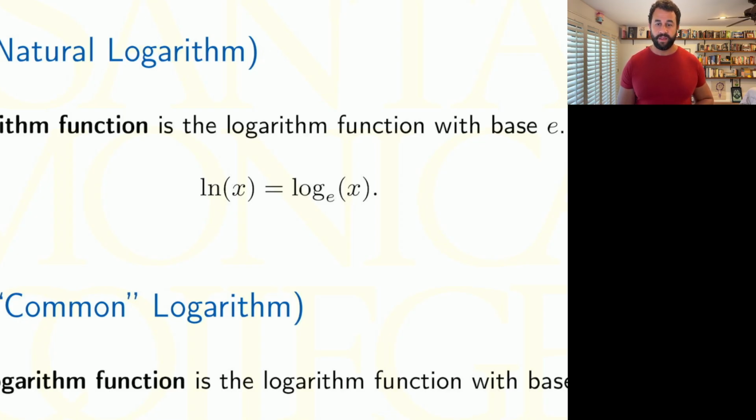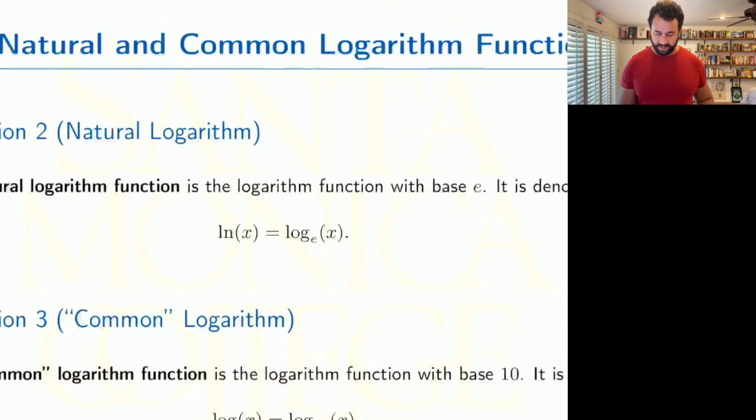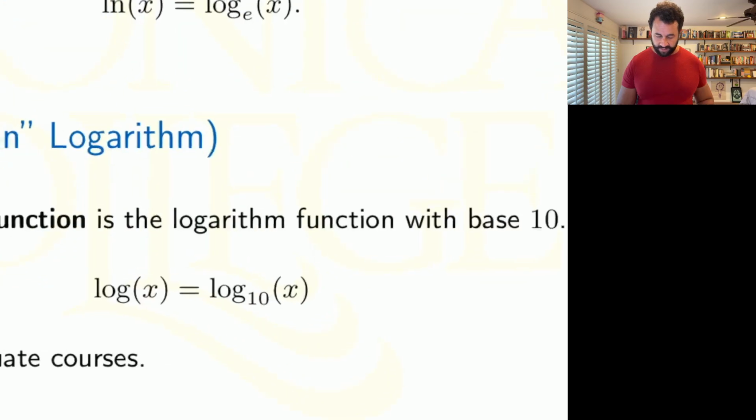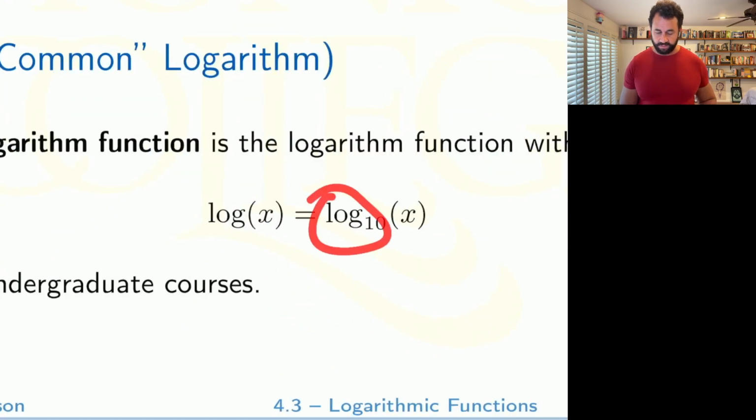I'm going to butcher this pronunciation, but if I remember right, ln was chosen because it's short for logarithm naturel. I think maybe it's French, but this is the natural logarithm. So anytime you see this, just pretend it's log base e, okay? Now there's another popular logarithm called the common logarithm, and the common logarithm is just log base 10, okay?